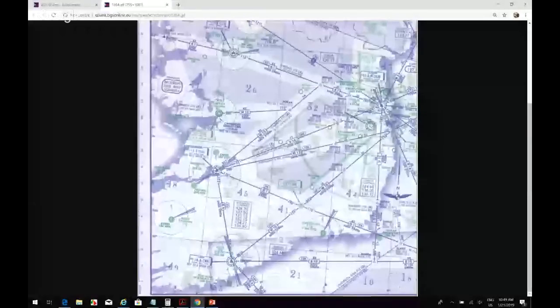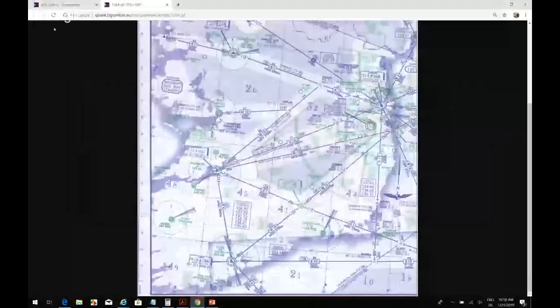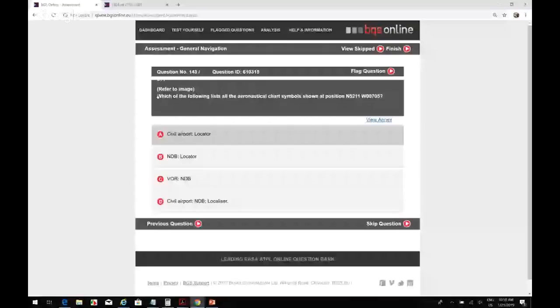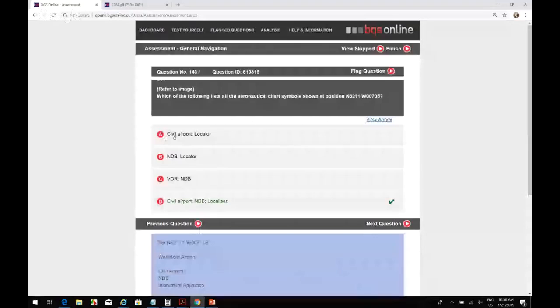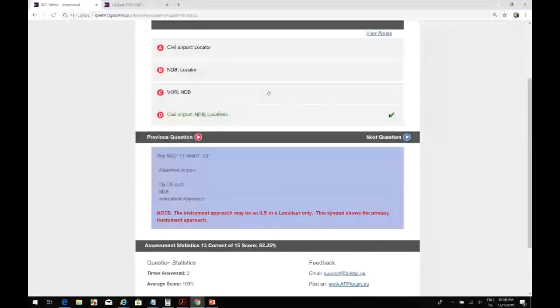That's this. It was a civilian aerodrome, I think. So there's a DME and an ILS symbol. So civilian airport, NDB, localizer. Sorry, yeah, D, NDB. The instrument approach may be an ILS or a localizer only. The symbol shows the primary instrument approach. Okay.